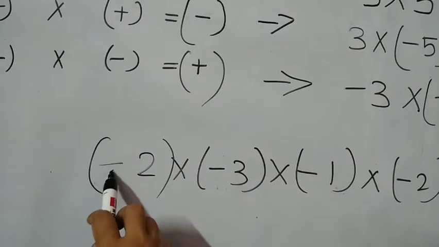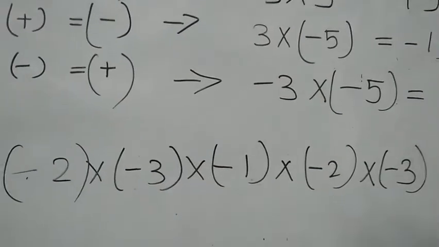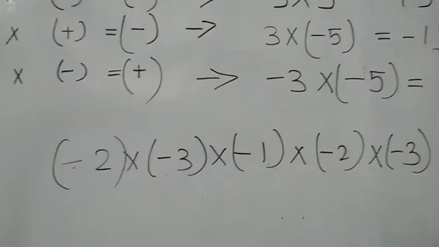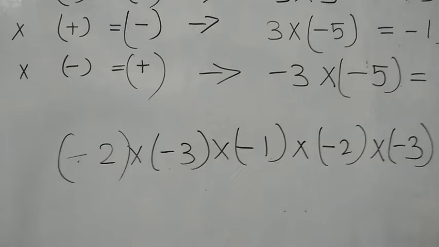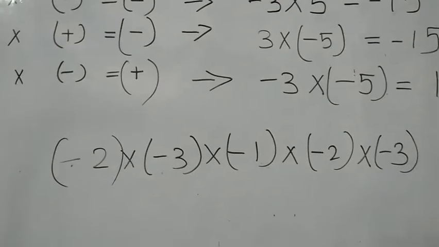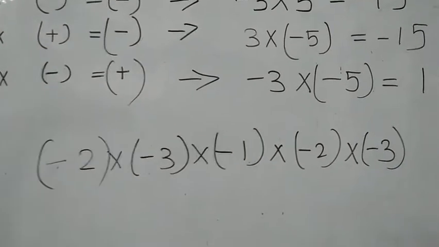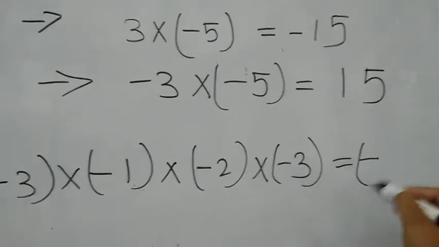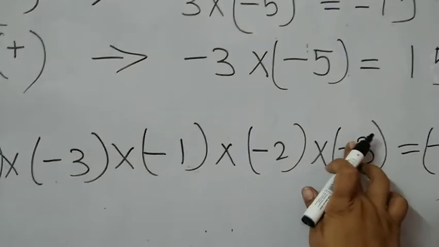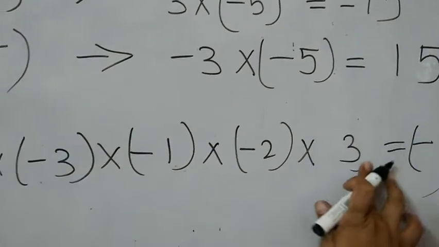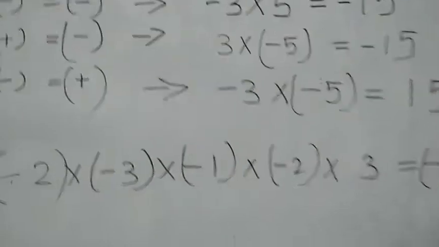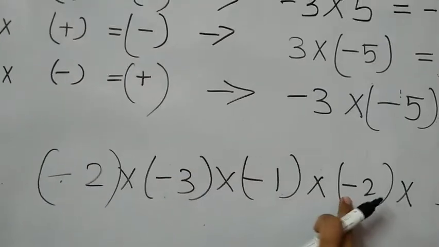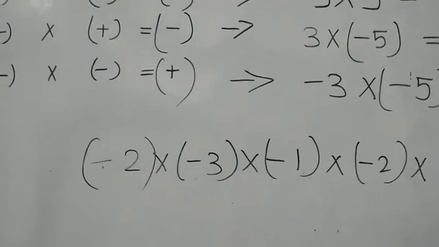Here you can say 1 2 3 4 5. Here 5 numbers are negative. Just check, is 5 even or odd? 5 is an odd number. If the negative signs are odd, then the answer will be negative. If the negative sign comes in even times, then the answer will be positive. Here it is 1 2 3 4, so you can say the answer will be positive.